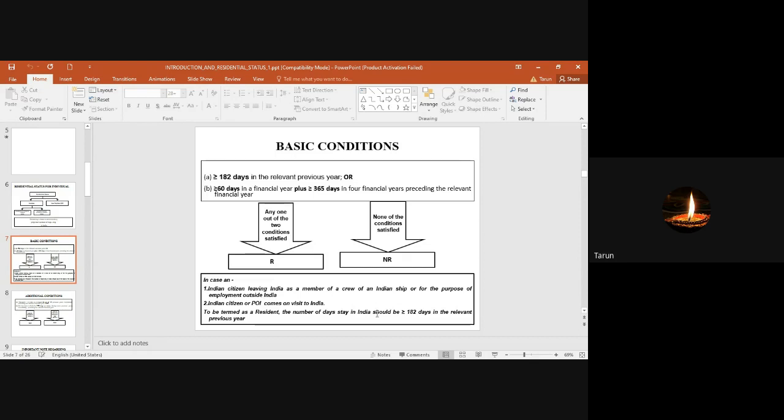It's already written that if any of these 2 points comes in your questions, obviously it's a resident, and the number of days in India should be more than 182 days in the relevant previous year. So if any individual wants to become a resident of India, he or she has to stay more than 182 days in the relevant year or in the previous years.